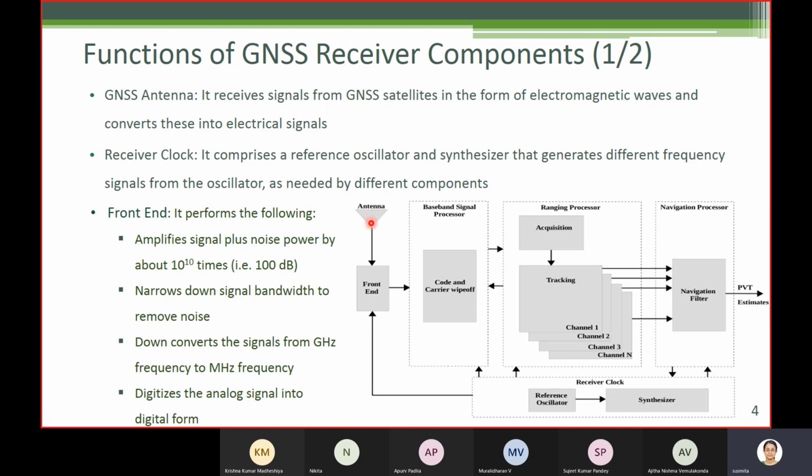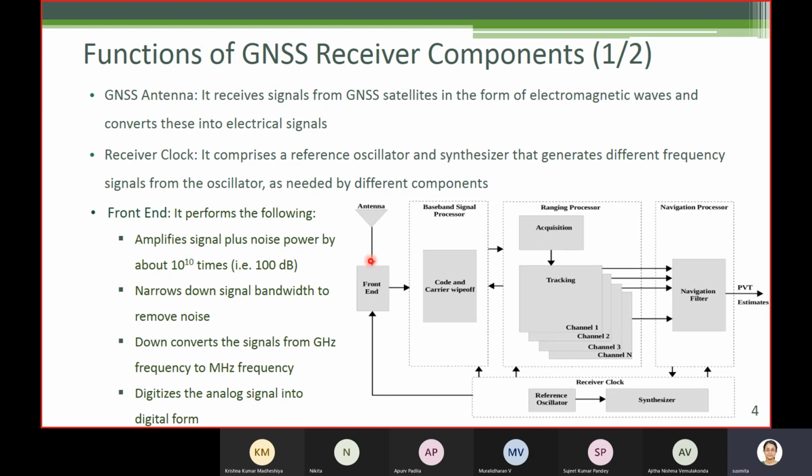Meaning, if you plot the analog signal at this point, you will not be able to identify it. You will just see some noisy pattern, because signal power is lower than that of the noise power. Okay. Noise power itself is low, signal power is even lower.